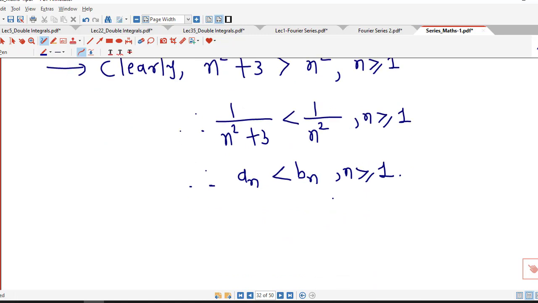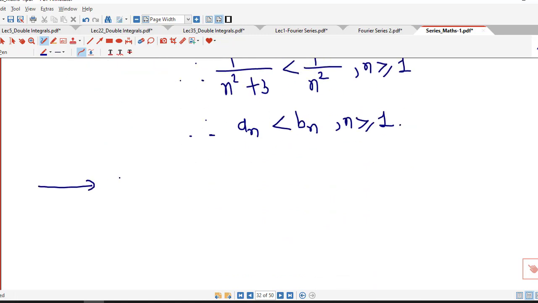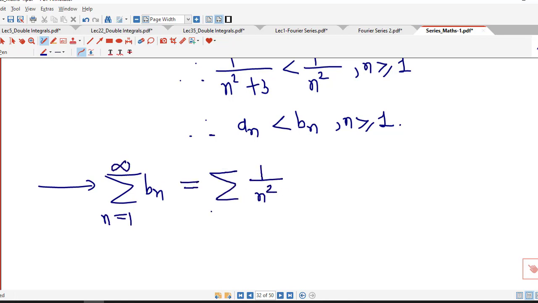Now sigma bn, which we have selected, is sigma bn equal to sigma 1 by n square, n equal to 1 to infinity.